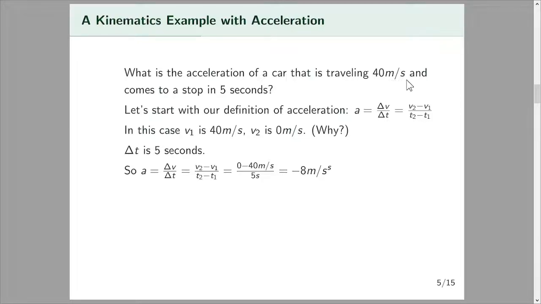So a car is traveling at 40 meters per second, I would call that v1. And then it comes to a stop. So after 5 seconds, it has stopped. And so that means its final velocity is what? It's 0, right?